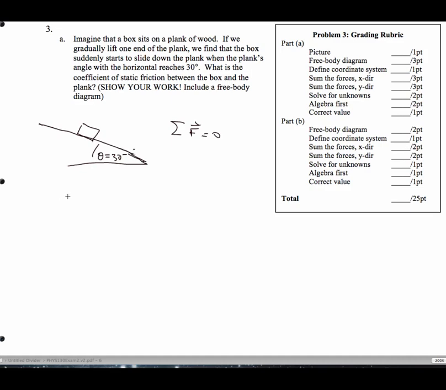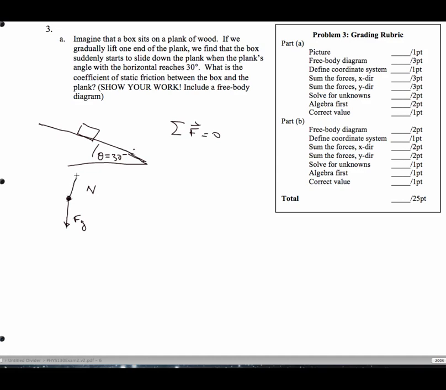Our free body diagram: we have the force of gravity downward. We have the normal perpendicular to the incline, so I didn't draw that very well. Let's try that again. So there's our free body and the normal.